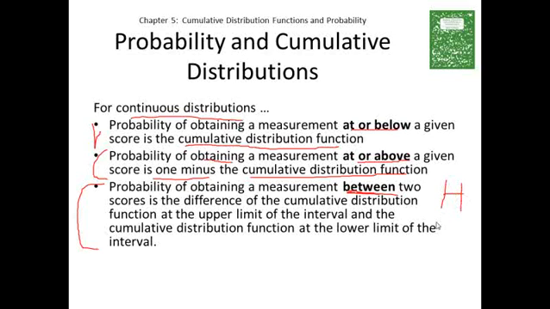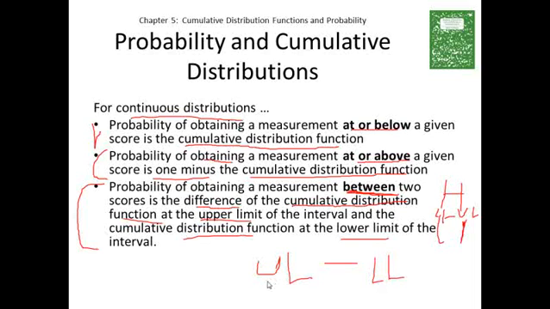You're trying to find the probability of having a measurement between my lower limit and my upper limit. Looking between these two scores, we're going to take the difference of the cumulative distribution function at the upper limit of the interval and the distribution function at the lower limit. So basically, you look at the upper limit and you subtract off that at the lower limit.